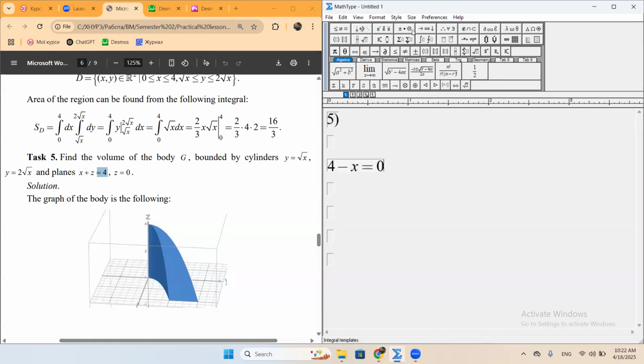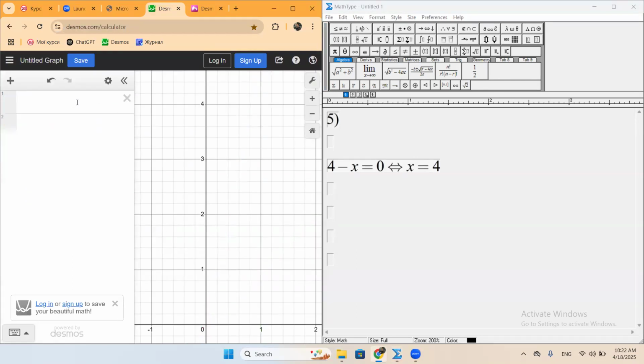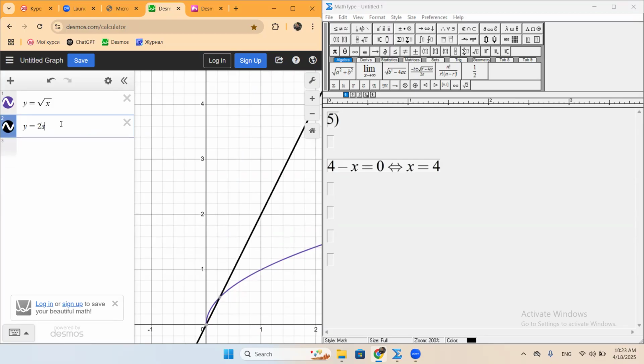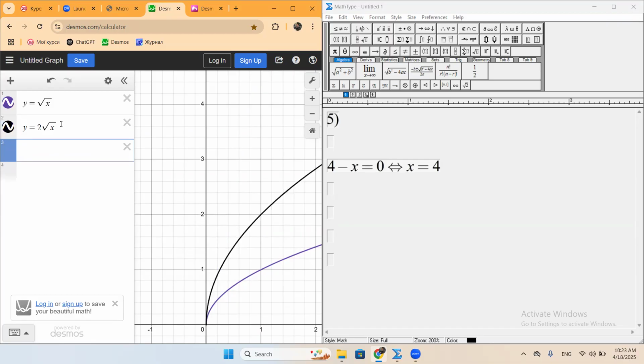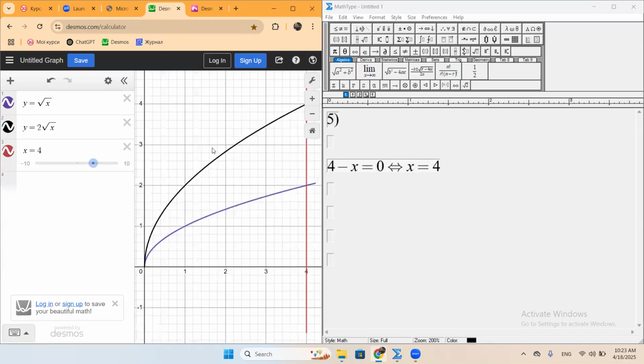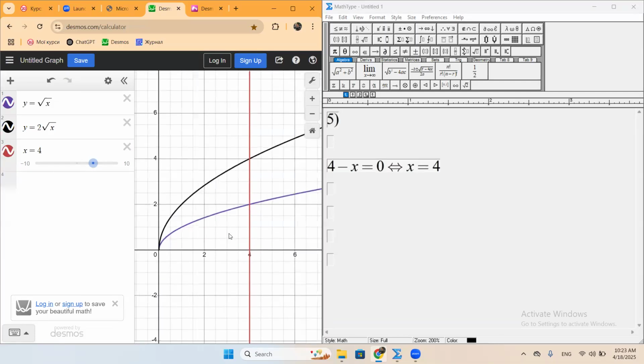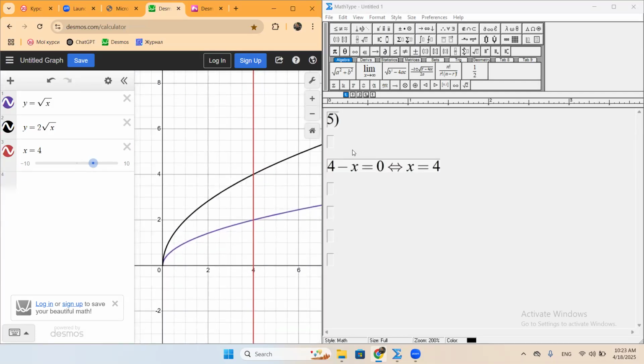So then x equals 4. And now we are plotting their projection. And y equals 2 square root of x, and x equals 4. So here is a projection of the body.